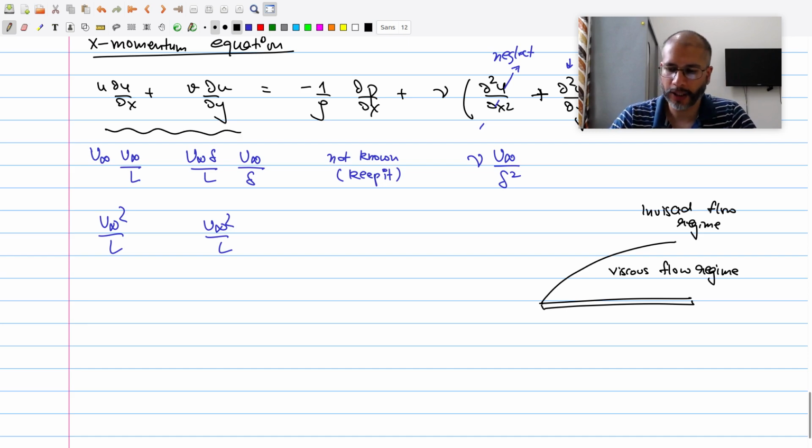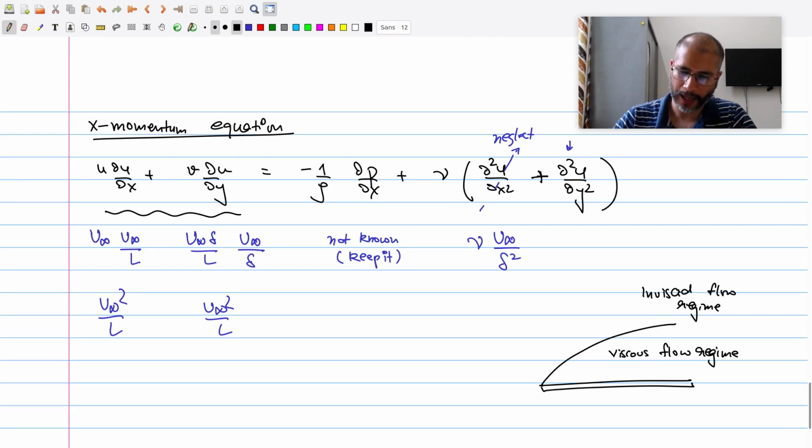Typically in a flow, you have the pressure gradient that can be the driving force, delta P causing a flow inside a pipe, for example. You have the viscous terms, which lead to dissipation, the viscosity effects, and then you have the inertial terms on the left hand side.